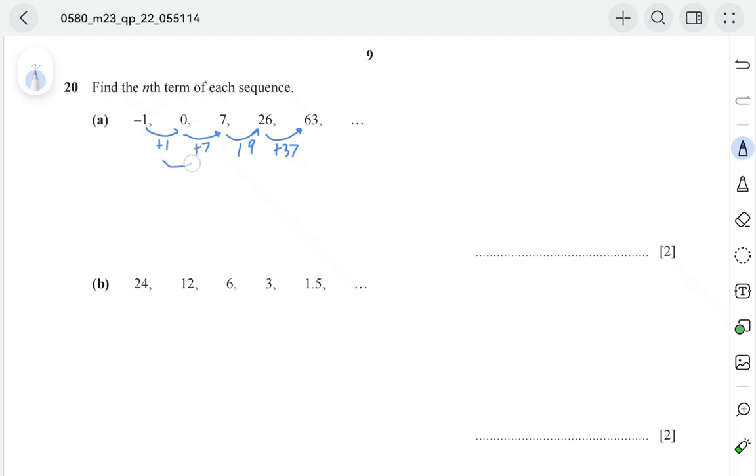Between 1 and 7, that's 6. 7 and 19, that's 12. And between 19 and 37, that's 18. Then, one more time, 6 to 12 is 6, and 12 to 18 is also 6. So there are 3 sets of intervals: the first here, the second here, and the last here. Because there are 3 sets of intervals, we know that this is a cubic sequence.